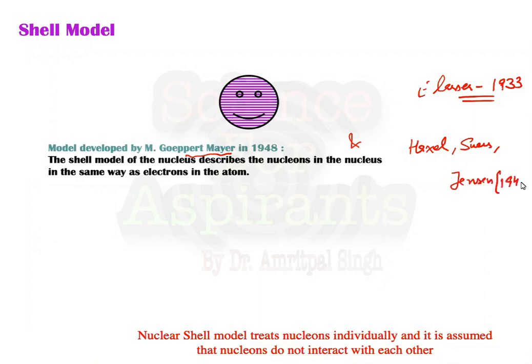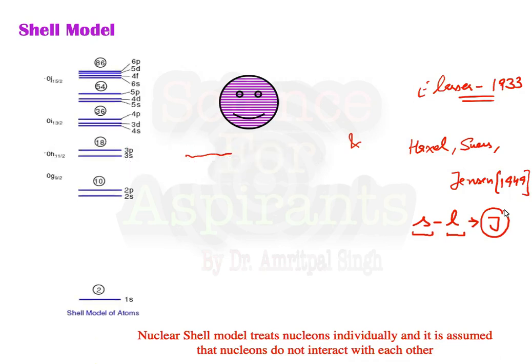They independently published papers in the same year, 1949, which explained the spin orbit interaction. There is some interaction between the spin quantum number and the azimuthal quantum number, and due to that they derived another quantum number, known as the total nuclear quantum number. Due to this spin orbit interaction, they got the Nobel Prize in 1963 for this discovery of the shell model.